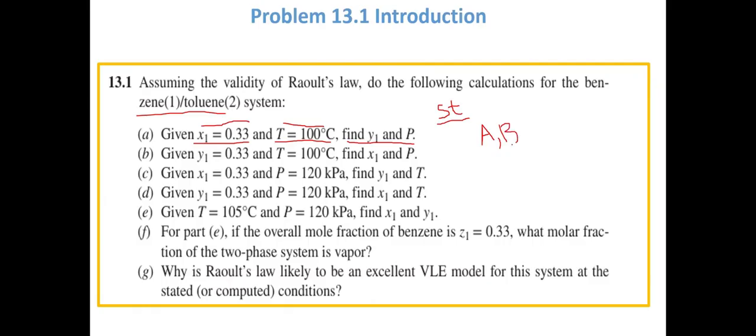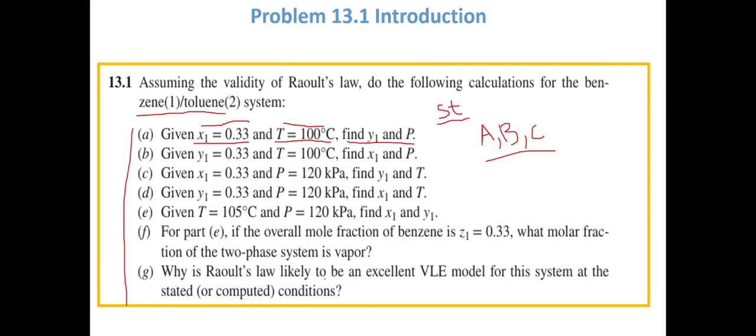Once we have the Antoine constants in ABC form, we can go ahead and find the required parameters like y1 and P. So I hope all the students who have attended this lecture will be able to use the knowledge to solve all these questions.